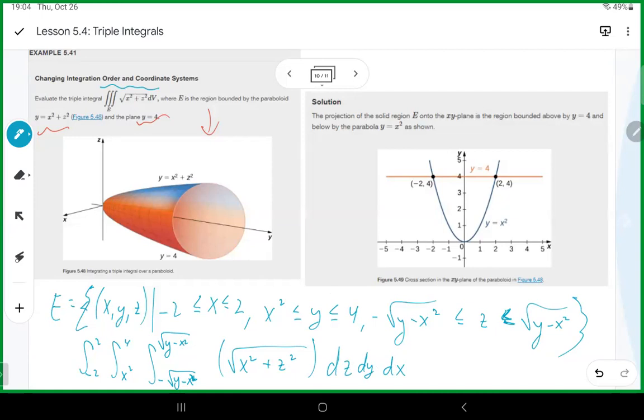So this expression is difficult to compute. Consider the projection of E onto the xy plane. What we would be looking at there is a circular disk, that would be x squared plus y squared less than or equal to 4.